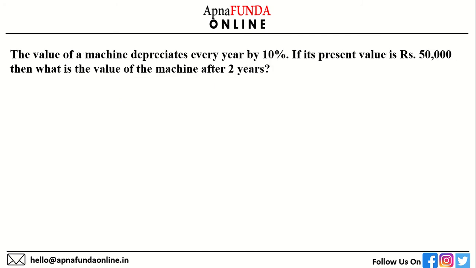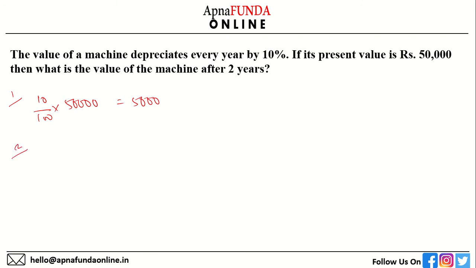Next question. The value of a machine depreciates every year by 10%. If its present value is 50,000, then what is the value of the machine after 2 years? Very simply, in the first year, 10% of 50,000 is 5,000, right?